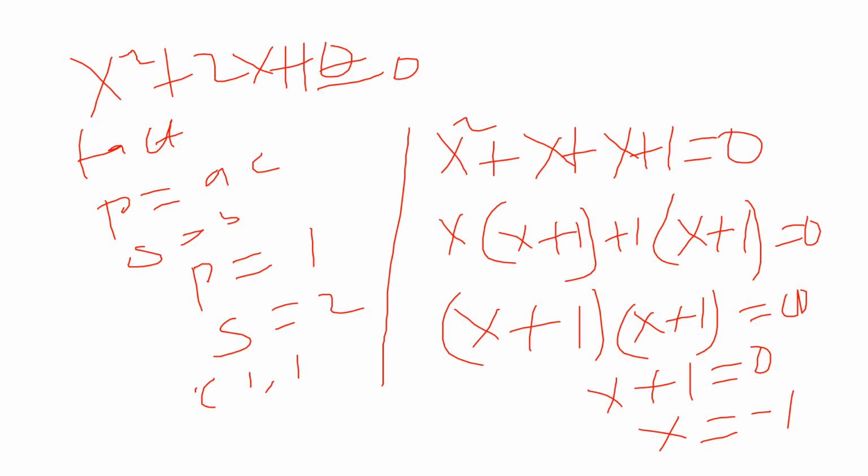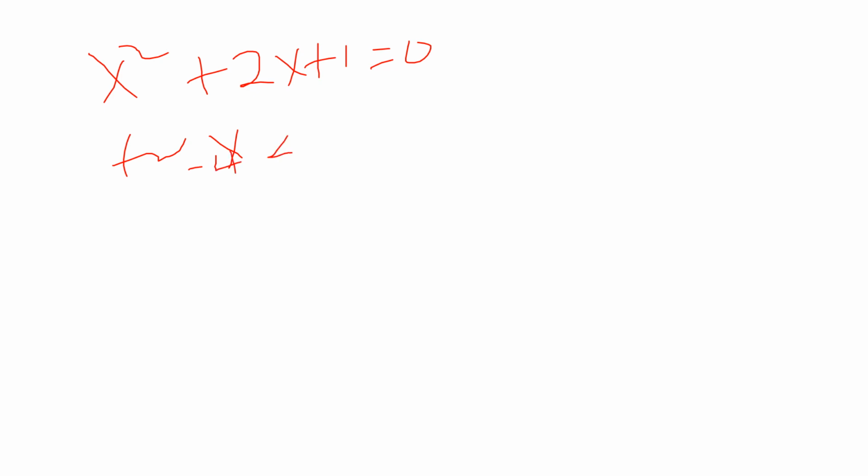Later on we can try to solve it using the graphical method. We have the same x squared plus 2x plus 1 equals 0. Using the graph, we can use the range for x of negative 4 less than or equal to x, and x less than or equal to 4.